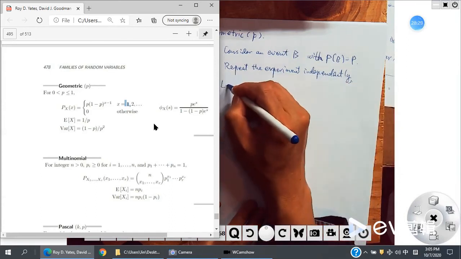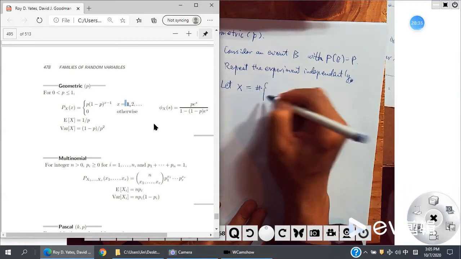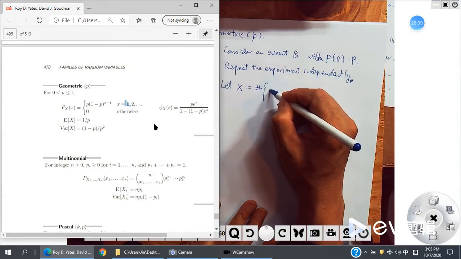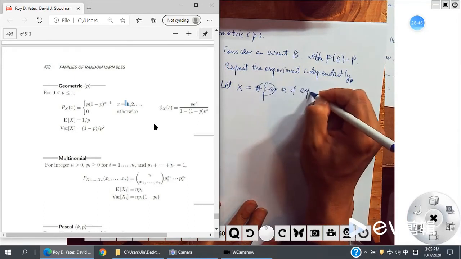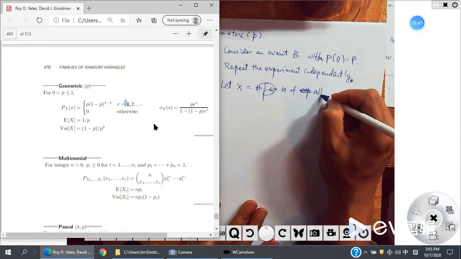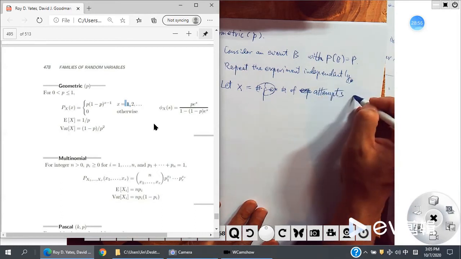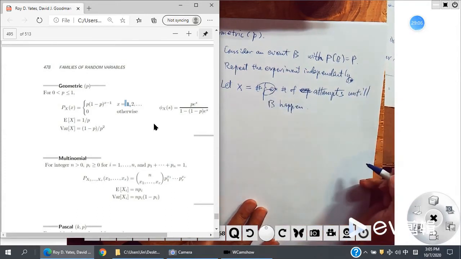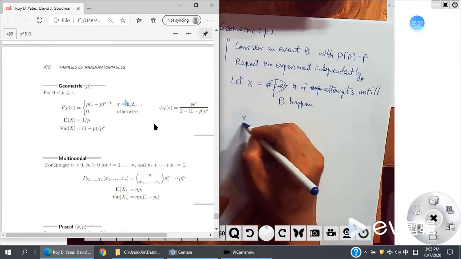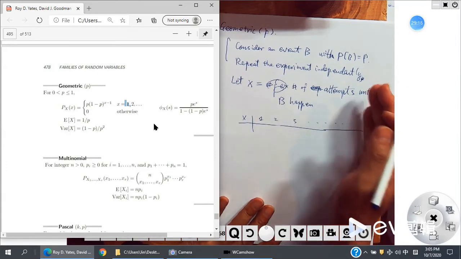Then let x equal the number of experiments, or we say attempts, the number of attempts until B happens. Then the value of x could be 1, could be 2, could be 3, and which number will be the highest value?